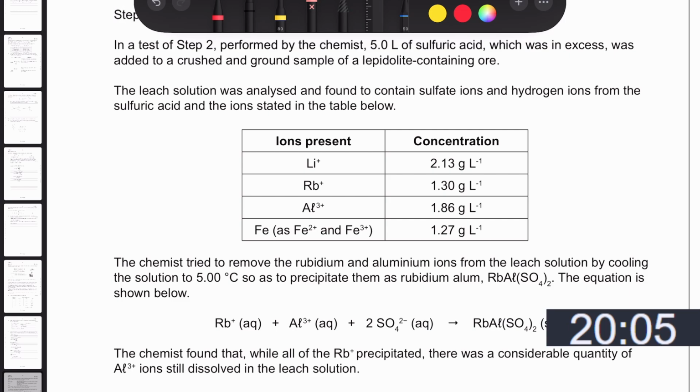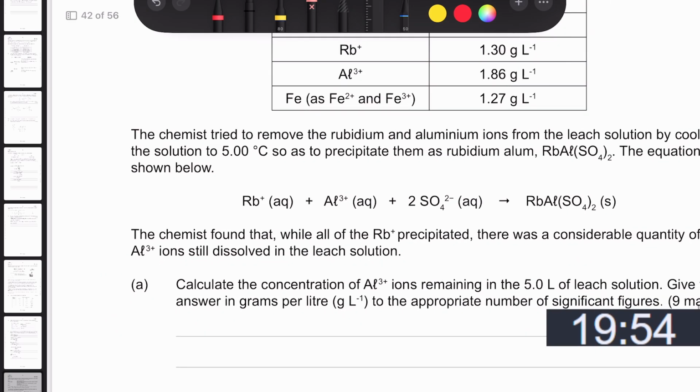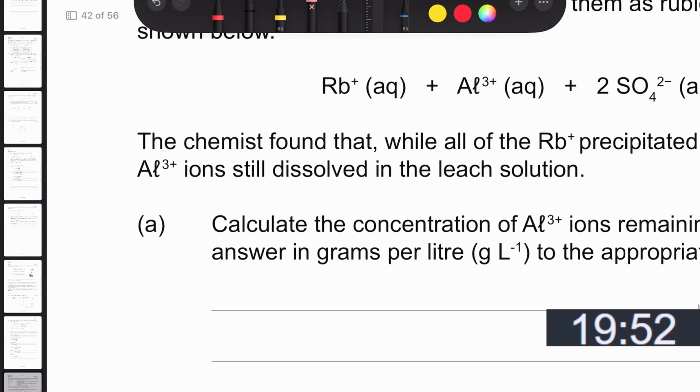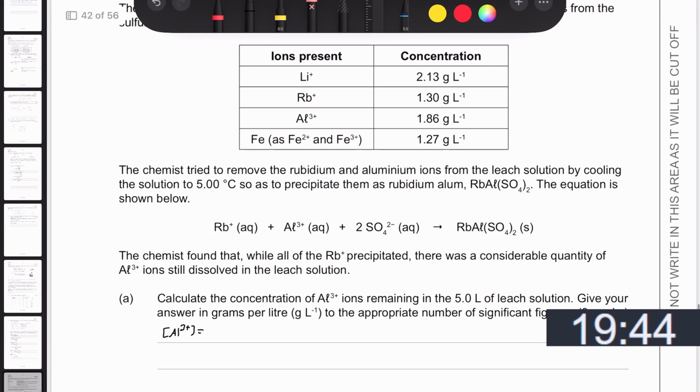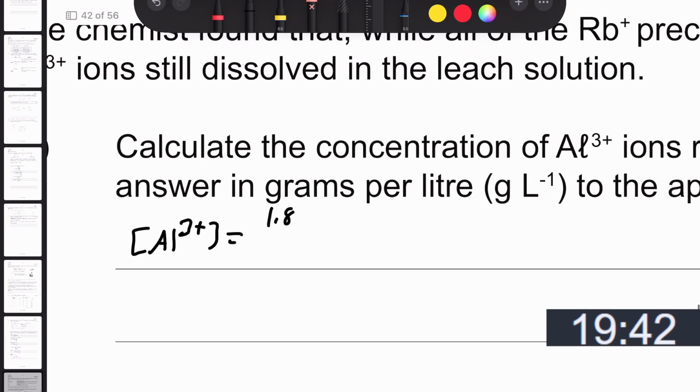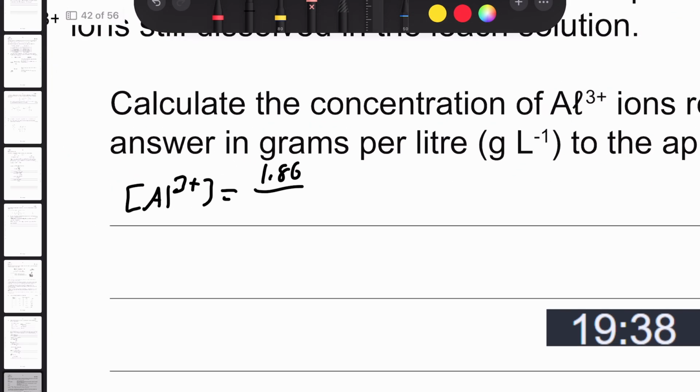To appropriate numbers of significant figures, the 5 liters of leach solution concentration. Okay, so let's see. The concentration of Al3 plus is equal to 1.86 grams all over Al is 26.98.